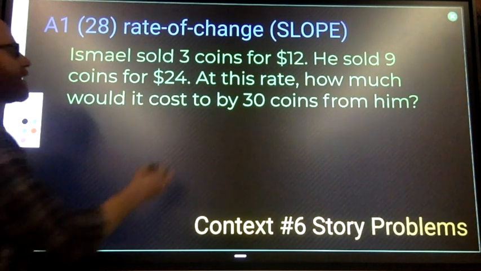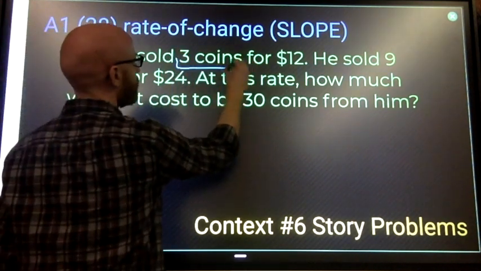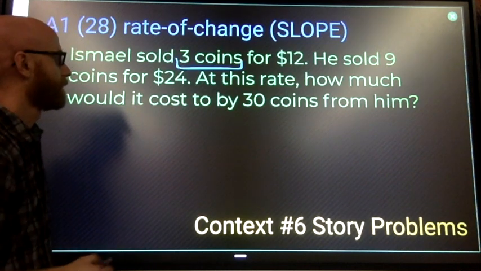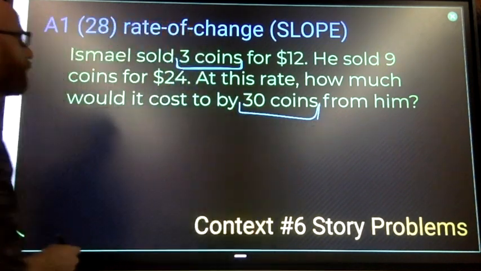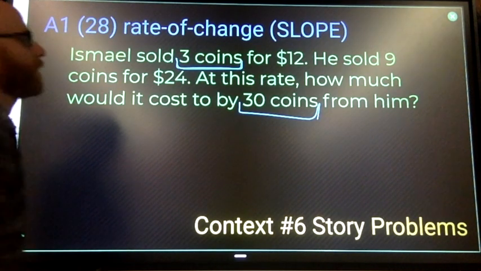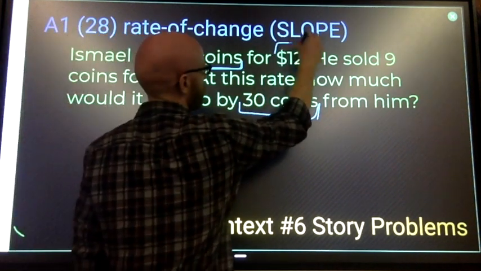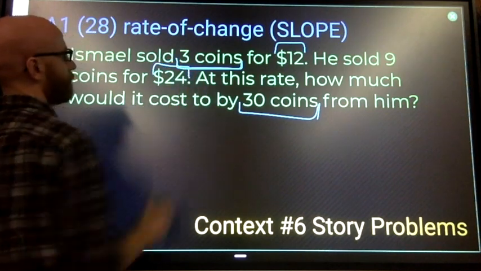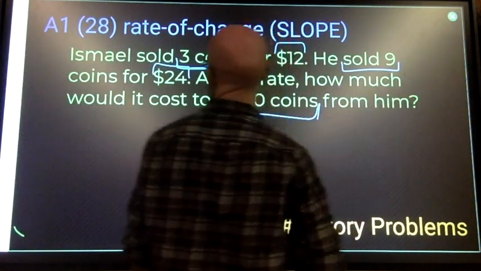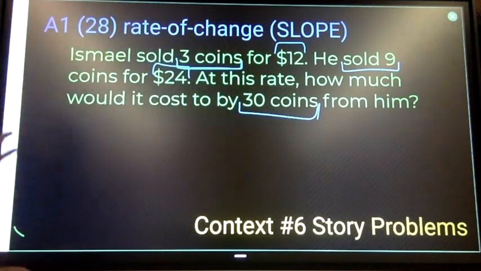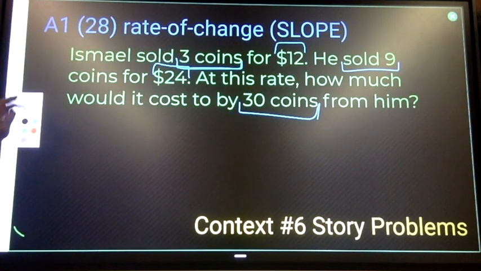All right, in this situation, we have coins. Coins are going from one value to another, and we have dollars. All right, so figure out what's going on with my situation.